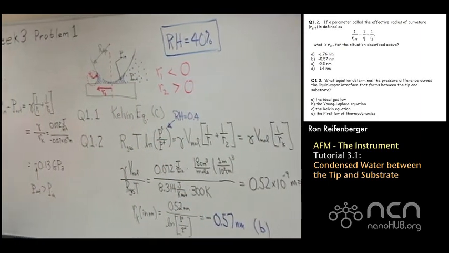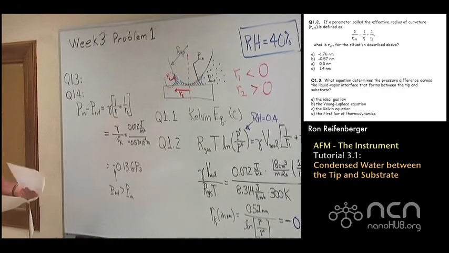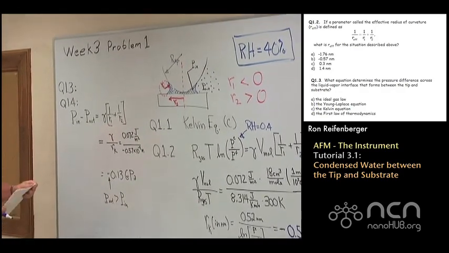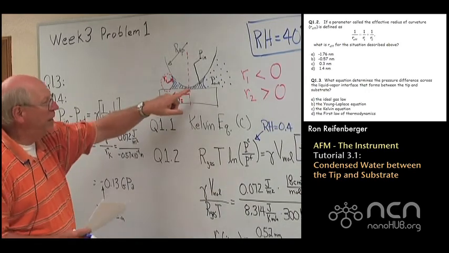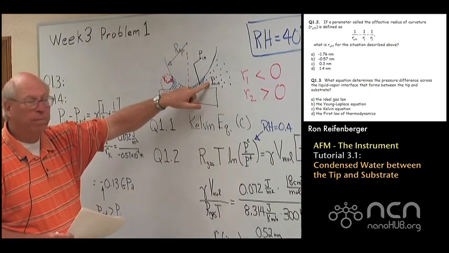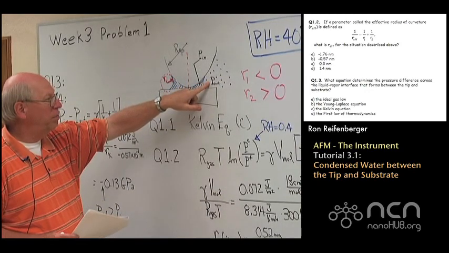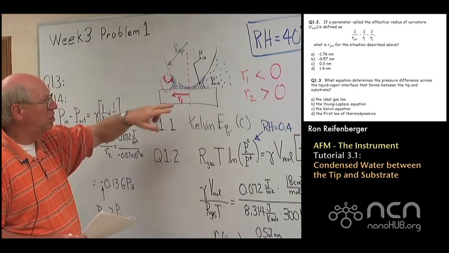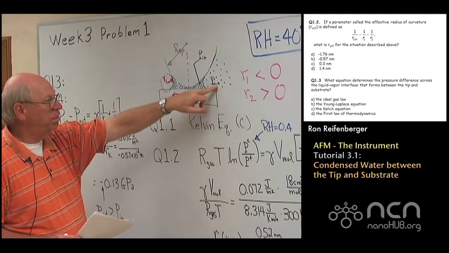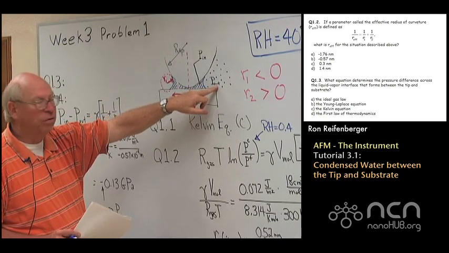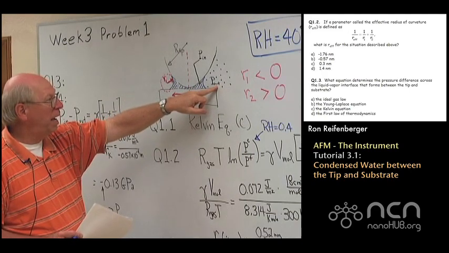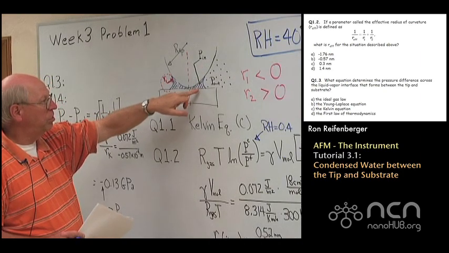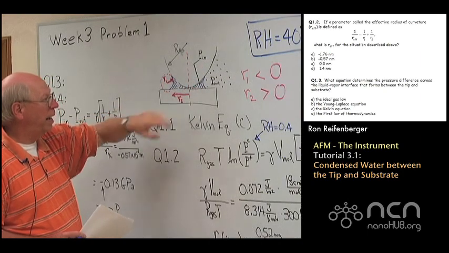The third question, let's see, what is the third question? The third question asks, what equation determines the pressure difference between the water vapor outside the meniscus and the pressure inside the meniscus? So there's a partial pressure of water outside. There's a pressure of the water inside.